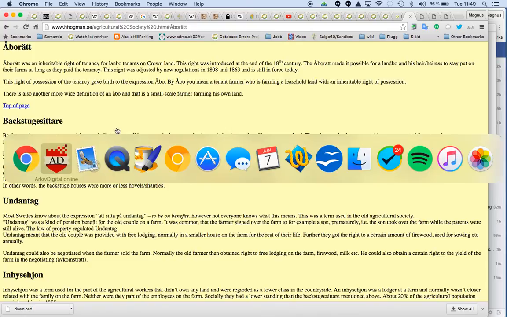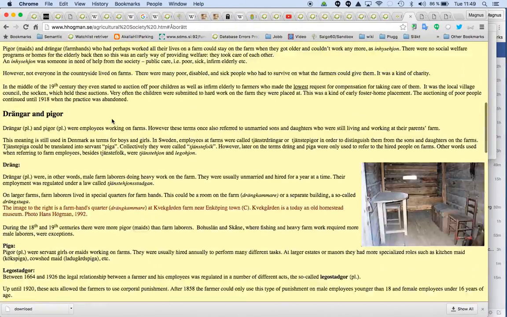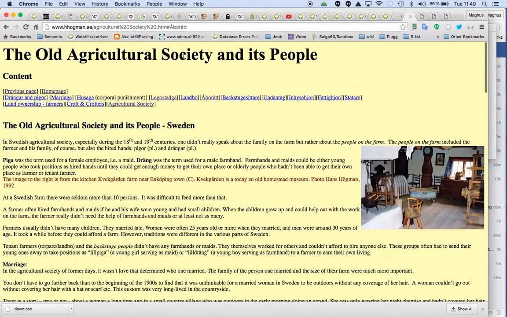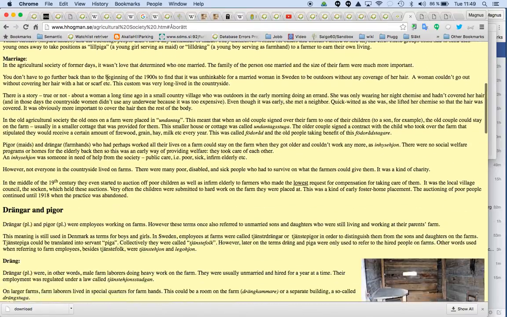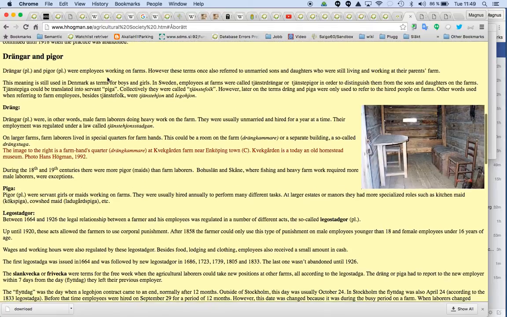That is åborätt. And this document is describing how people lived in the old Sweden, which I think is really interesting to learn.